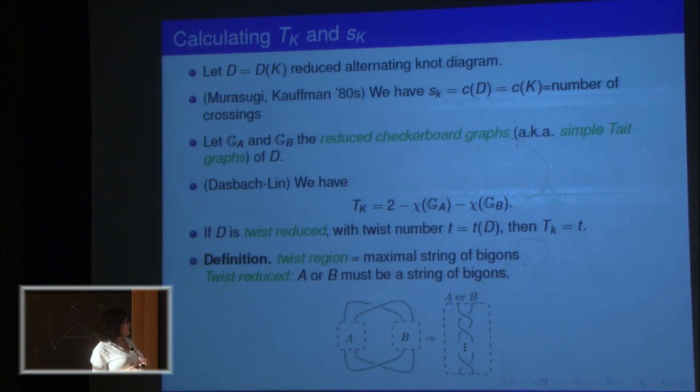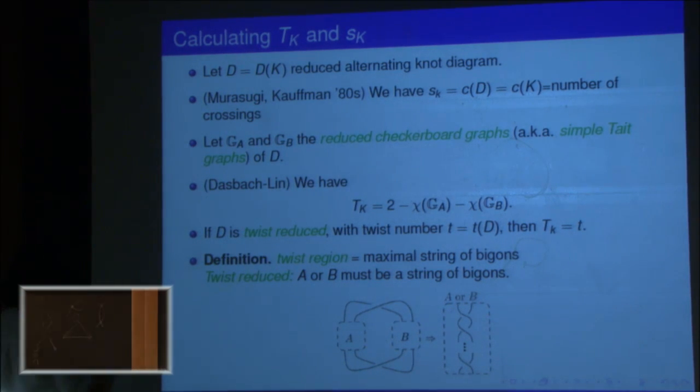If you can't do that, then it's twist reduced, and the twist number of a twist reduced diagram will give you exactly the quantity that I call capital TK. What's the twist number of the diagram?